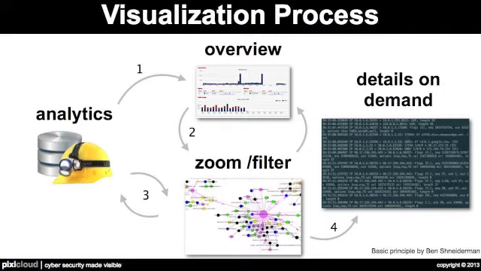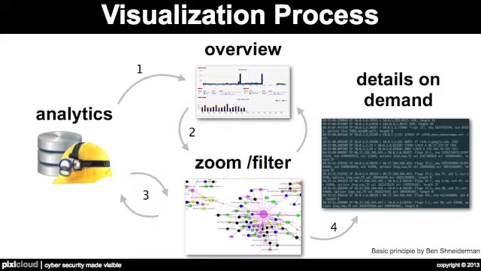There's a lot of research around how this process was augmented. This is the version I'm using. I'm running analytics first to generate some kind of overview. From the overview, I do zoom and filter, but in general I go back to analytics all the time, running a clustering on the data I have, interacting with the data, and trying to come up with a candidate data set that I'm interested in.